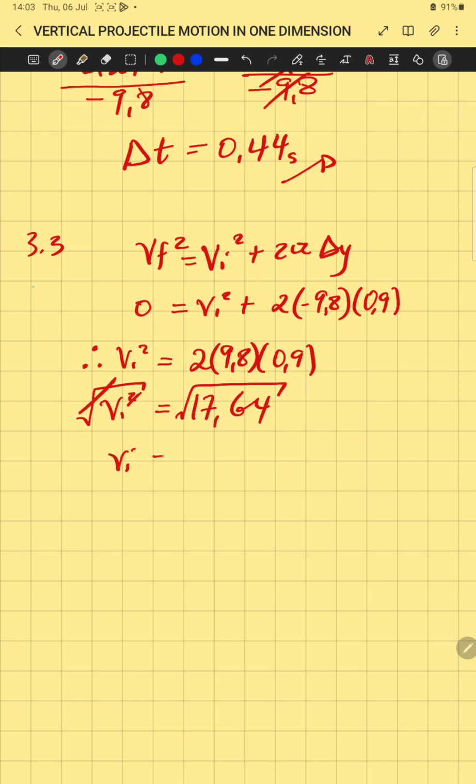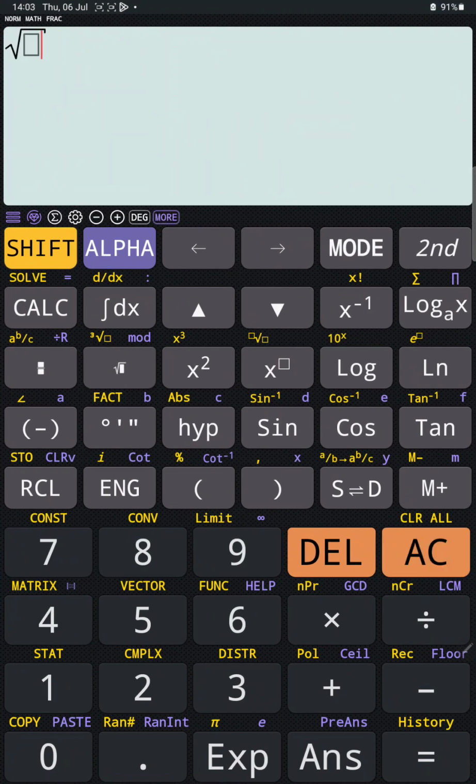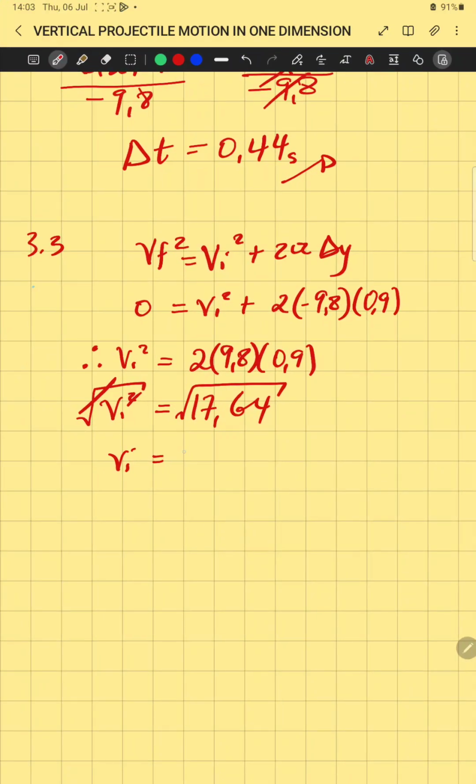So after that, V initial must be, we just work this one out from the calculator. That is square root of 17.64. It is 4.2. So that means the answer must be 4.2 meters per second. This is the initial velocity. Remember, this one should be positive because it is going in the same direction. We can also indicate that it is upwards. All right, so the direction is upwards.